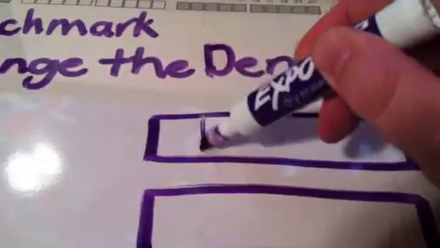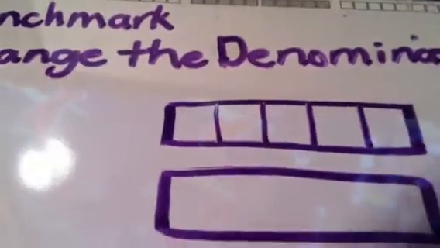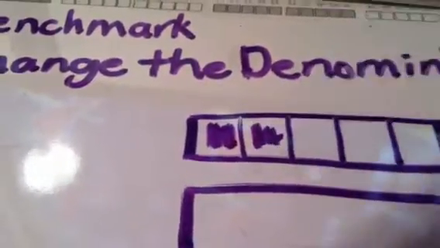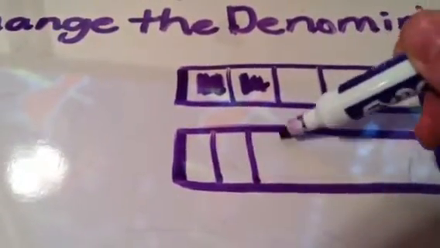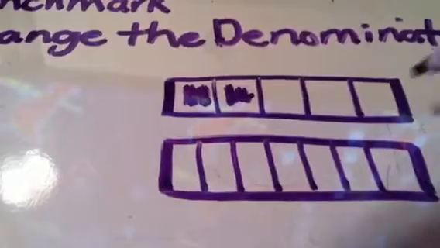So this top one we're going to cut into fifths, like that. And I have 2/5, so I'm going to shade in two of them. And on this bottom one, I have sevenths, so I'm going to go ahead and cut that into sevenths. Like that.